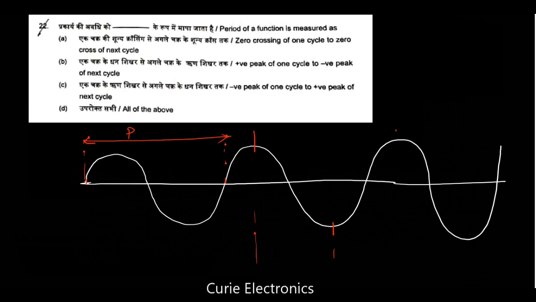Usually, whenever we want to measure the period, we take either the zero crossing, going up or down, or a positive peak to positive peak, or negative peak to negative peak. But not positive peak to negative peak. So option A is the right answer.